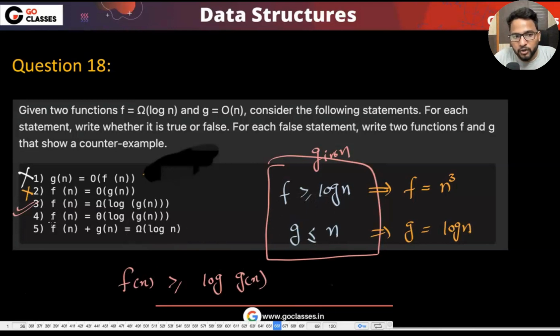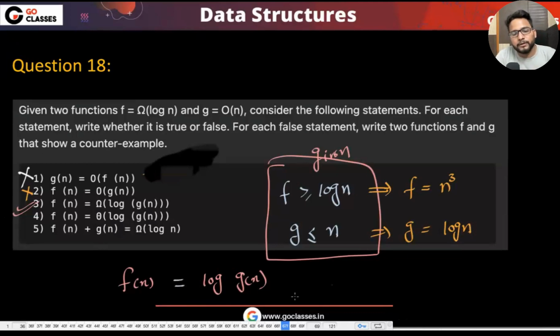Okay. Let's talk about the next one. They are saying Fn equal to Gn, so they are saying this is basically equal. Let's talk about this fourth one.